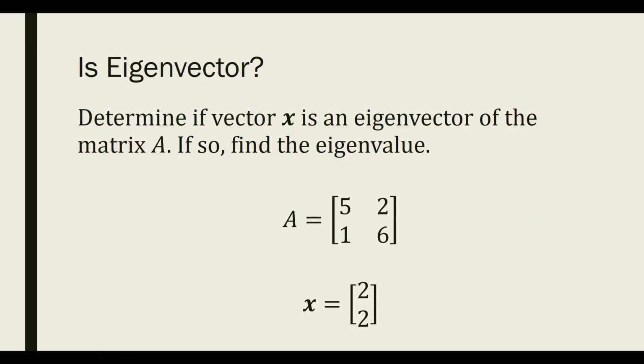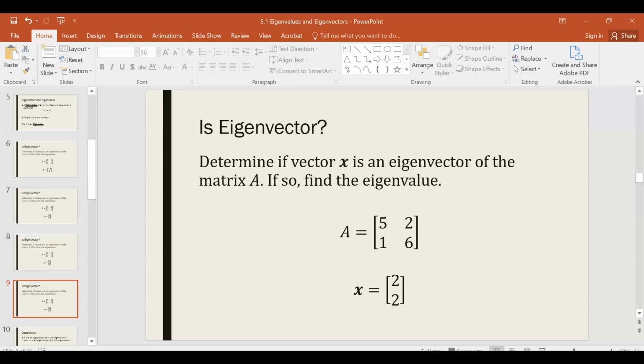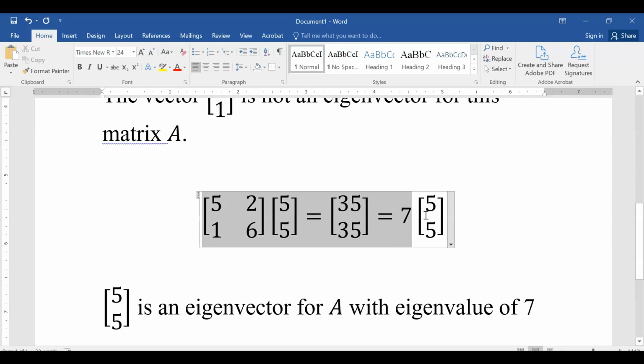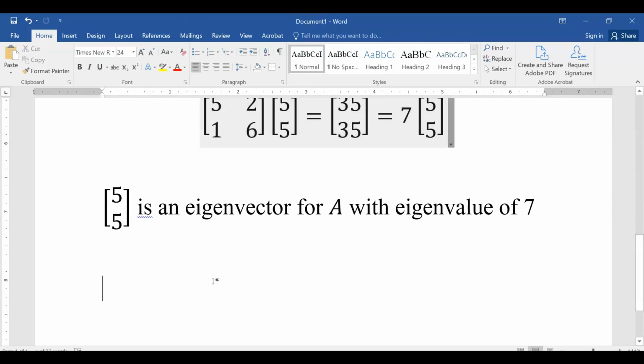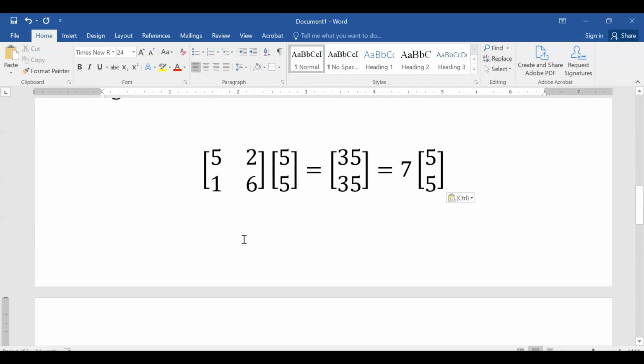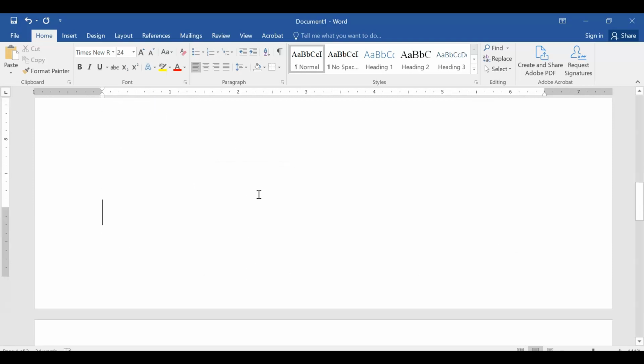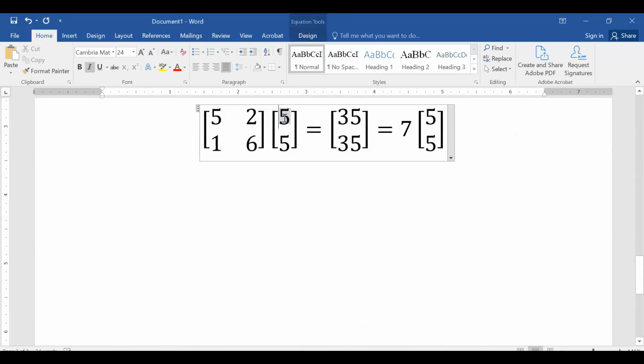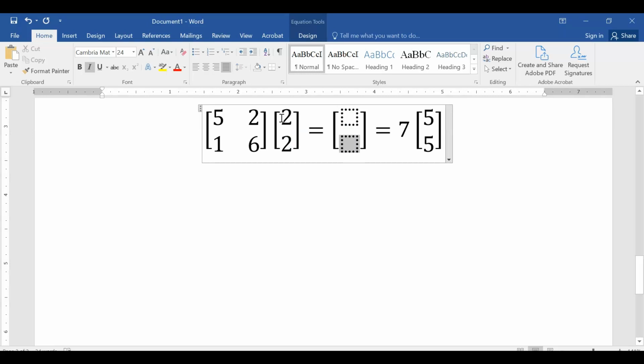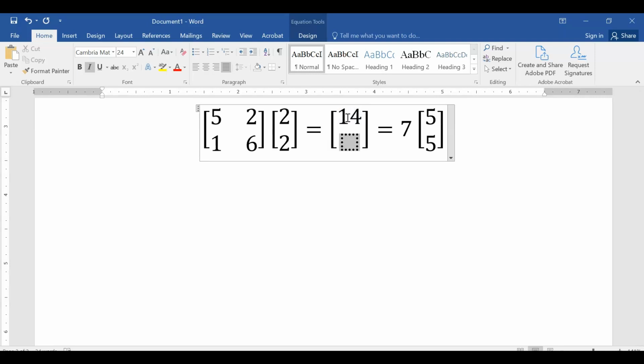All right, hopefully you went ahead and did that. And what we'll see, let me copy that equation, is that if I take my matrix and multiply by the vector 2, 2, 5 times 2 is 10, 2 times 2 is 4, so 10 plus 4 is 14. 1 times 2 is 2, 6 times 2 is 12, so 2 plus 12 is also 14.